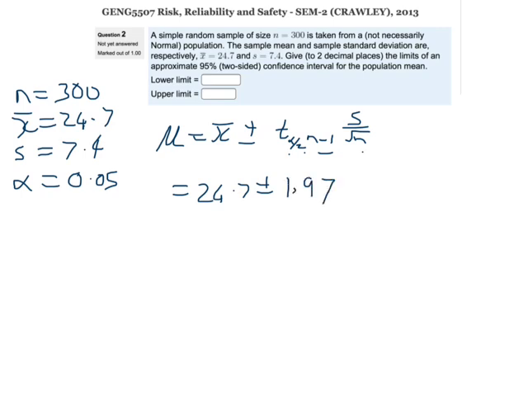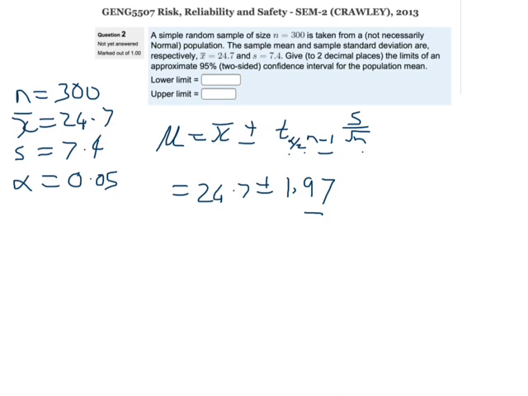So you can see even at the end of our table with df equals 90, we get 1.987, so it comes down a bit further. It's getting closer and closer to representing the z-score. So 1.97 versus 1.96, not too big a difference, but still gives you a slightly different answer. The other thing to notice is that the t-score we've got is 1.97, which is slightly larger than if you use the z value. In other words, the t distribution gives us a slightly more conservative result, which is why it's recommended to use this one if you don't know which one to use.